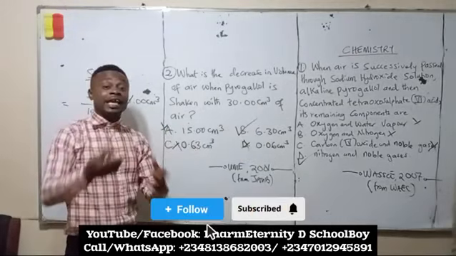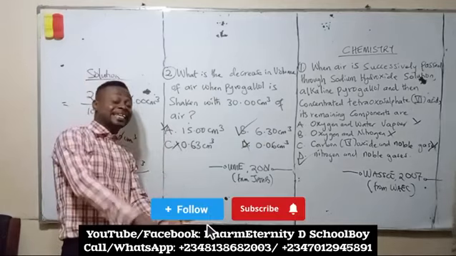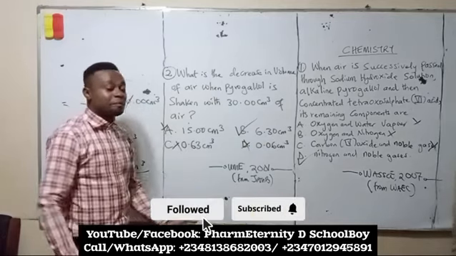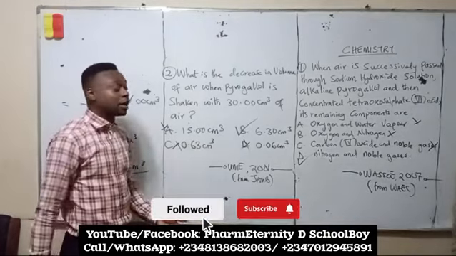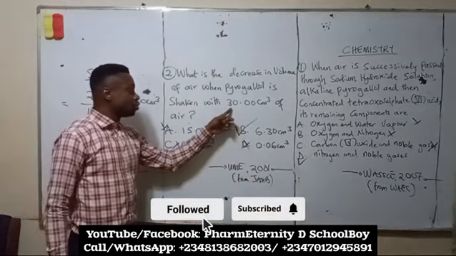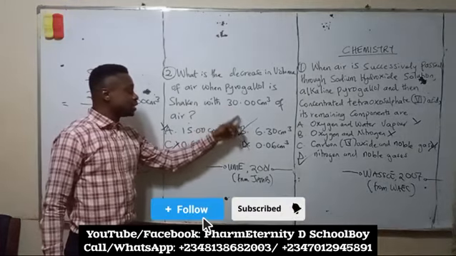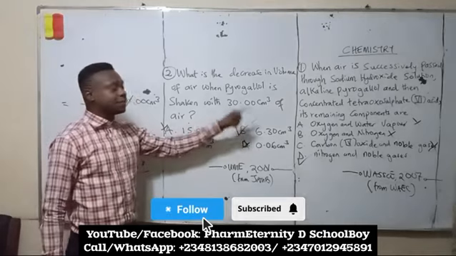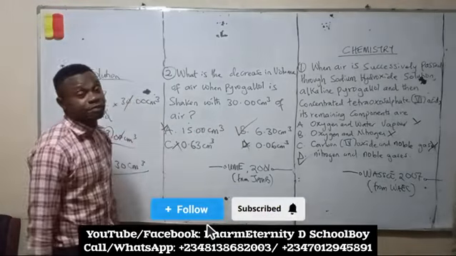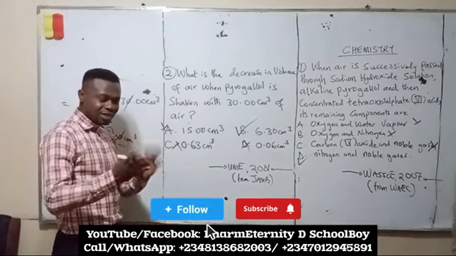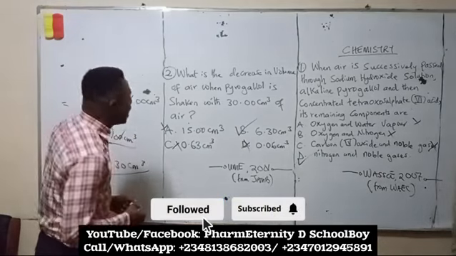So the volume of air remaining after passing the air through alkaline pyrogallol will be 23.7 cm3. So this is how this question can be twisted.